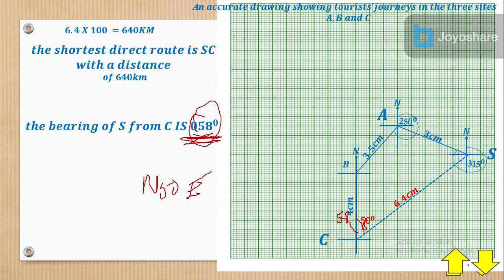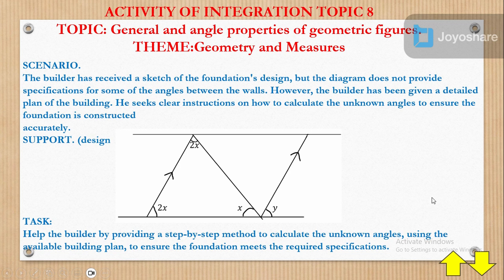Let's straight away go to part 8. It's coming from general and angle properties of geometric figures. That's topic 8. The builder has received a sketch of the foundation's design, but the diagram does not provide specifications.